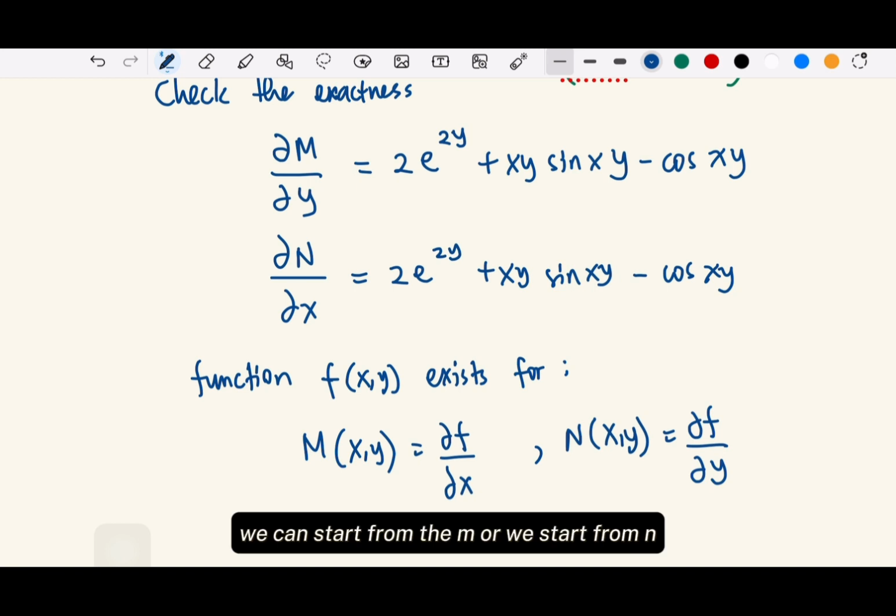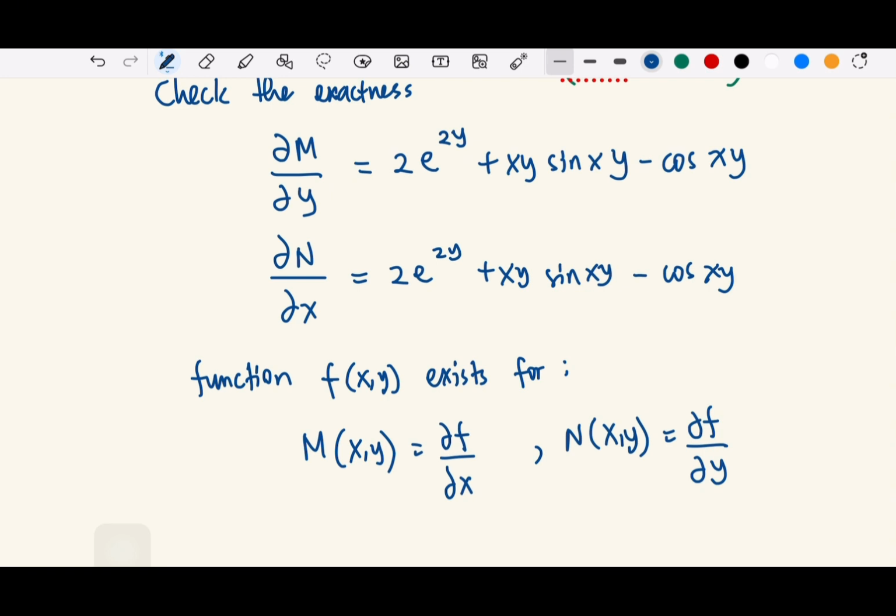We can start from M or we can start from N. Both will, I think, give the same result, but let's start from N. Okay? Start from N.